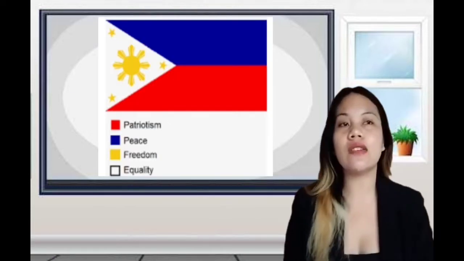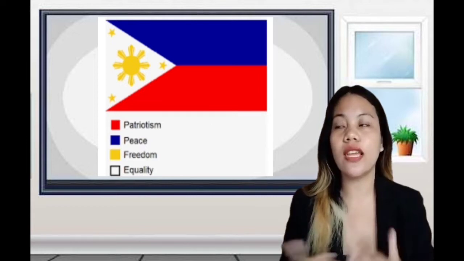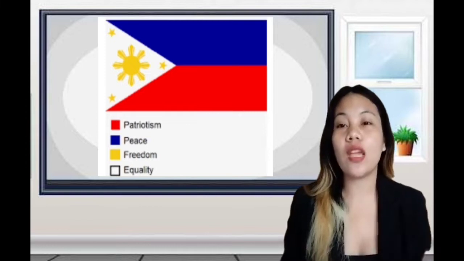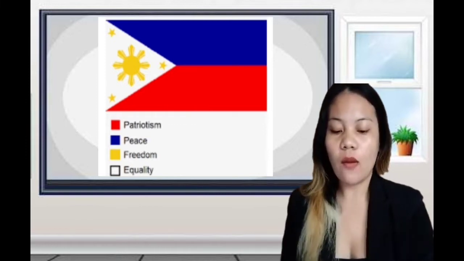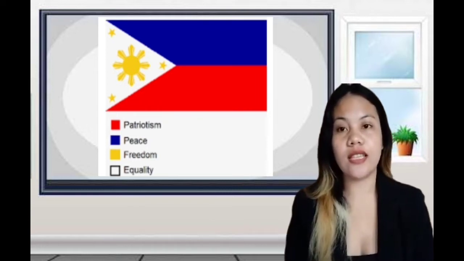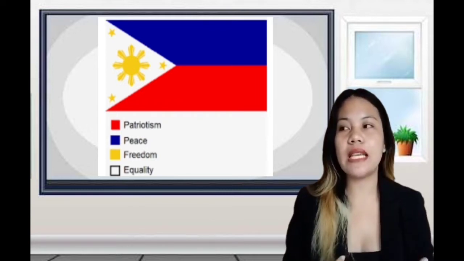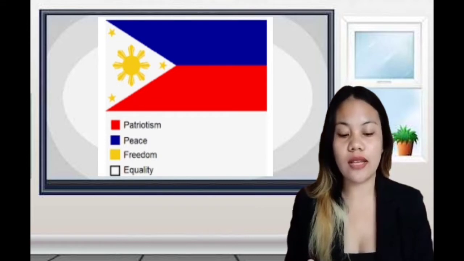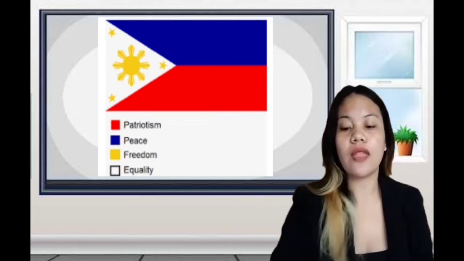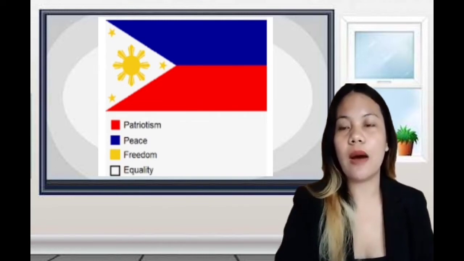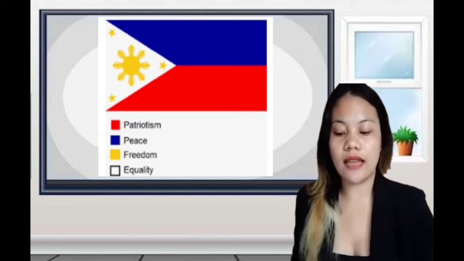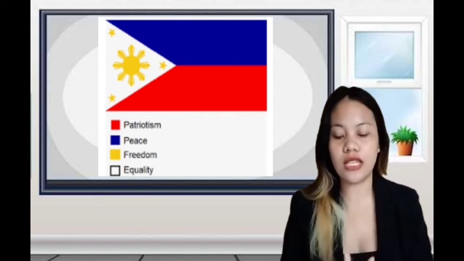So, Filipinos all over the world, here in the Philippines, we have equal rights, equality. While the blue stripe stands for peace, truth, and justice. So, we have peace, like we unite as one, then we have what is called truth, like you have the power to say something about rights, then we have justice.